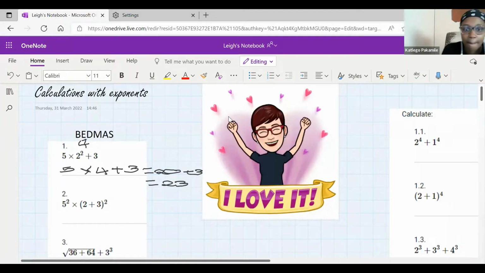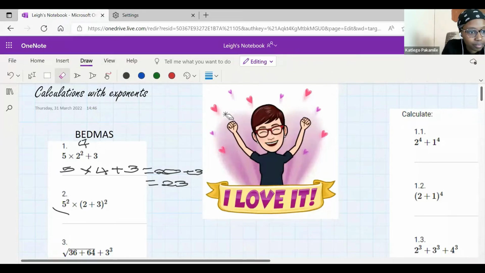Where do we start? And we start at the brackets. The brackets. So what do we do to the brackets? Okay, Tahila, do you have any idea what we do to the brackets, in the brackets?